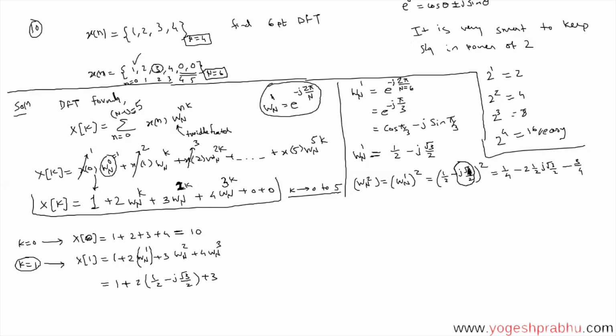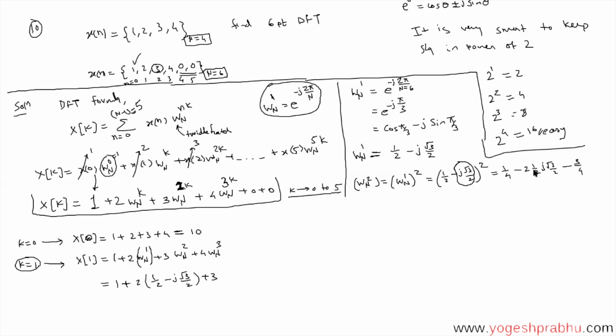What is square of square root of 3? 3. Square of 2 is 4. And negative because it is j square, and j square is negative. So j square is -1? Yes. So that's how I got it.